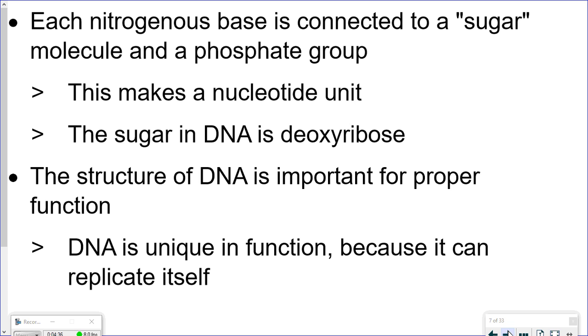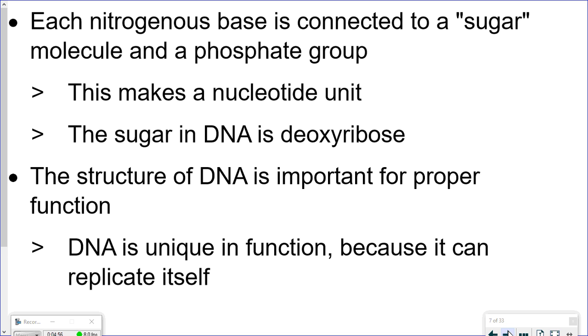Each base is connected to a sugar molecule and a phosphate group. Whenever you have that nitrogenous base, the sugar, and the phosphate, that all together makes up a nucleotide unit. And the sugar in DNA is deoxyribose, which is where it gets its name from.